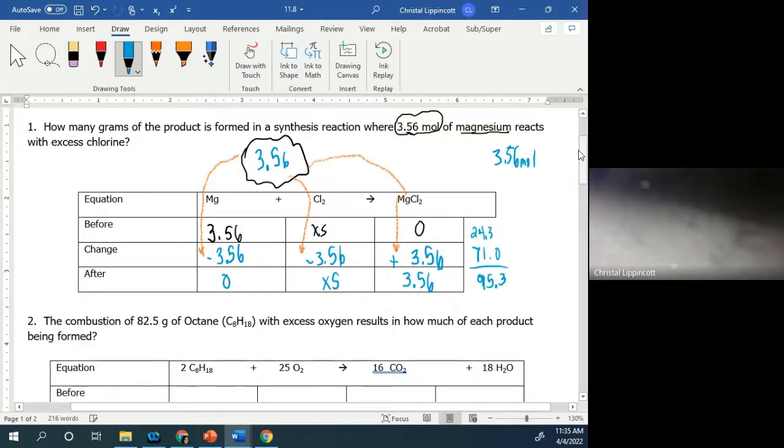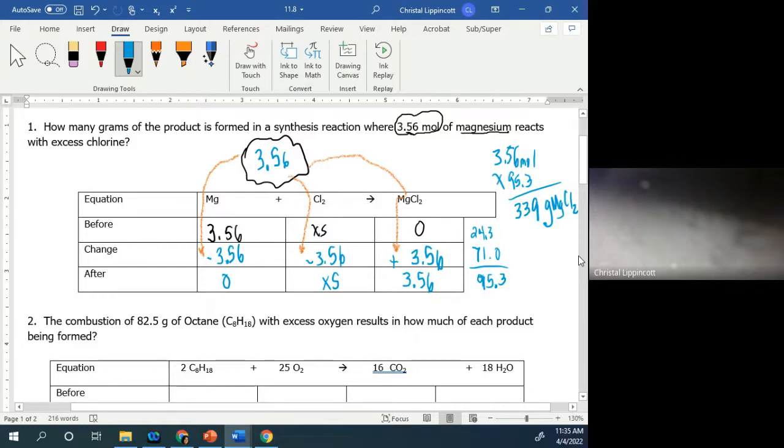So that's 95.3. So I'm going to multiply this by 95.3, and that's going to give me my grams of MgCl2. And that is 339 grams of MgCl2.